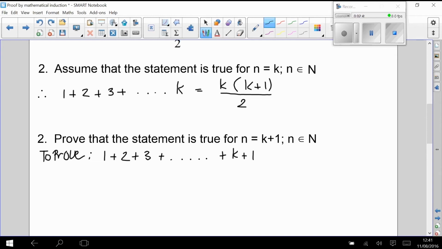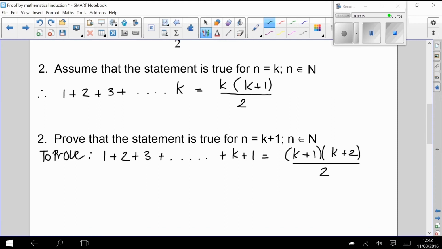And then I must find that this answer would have been given to me if I replace the k, which was the n, with now a k plus 1. In other words, if this is going to work for the very, very last domino, on the right-hand side where I've got a k, I must now write k plus 1. And when I had k plus 1, I must write k plus 1 plus 1, and that's k plus 2. And this is still divided by the constant of 2.